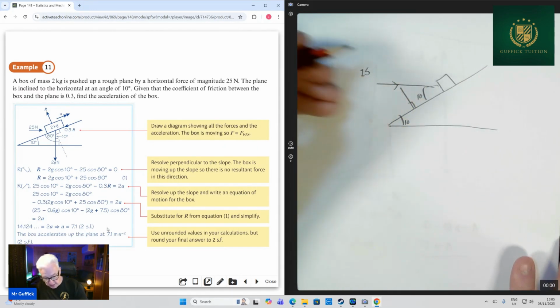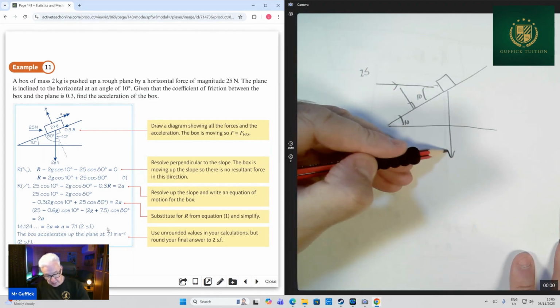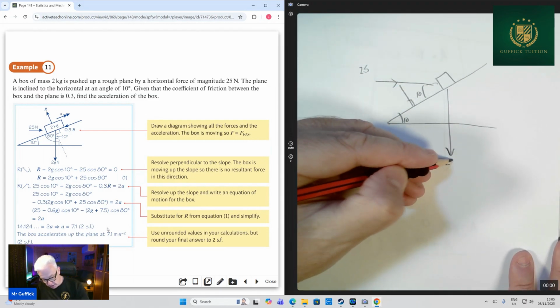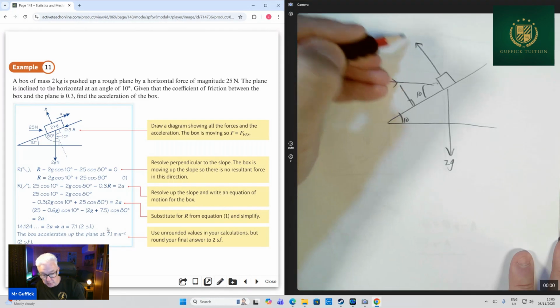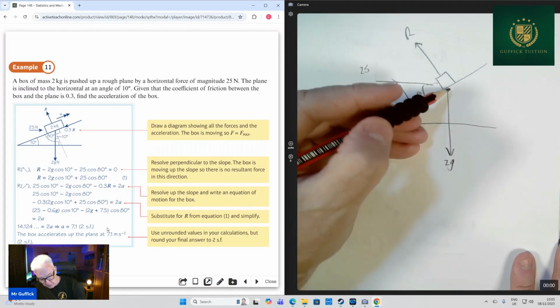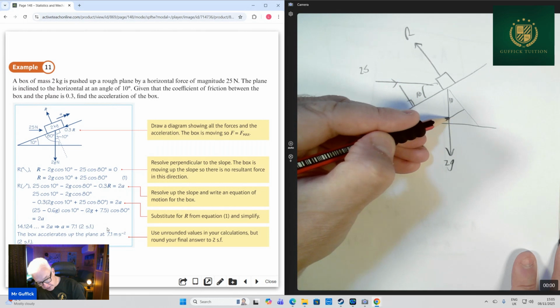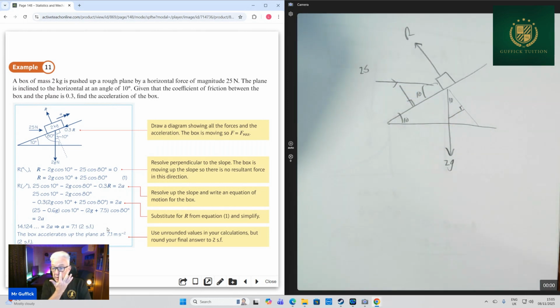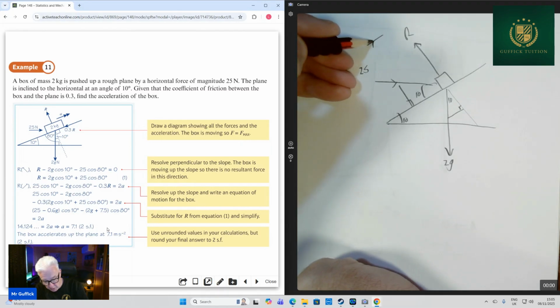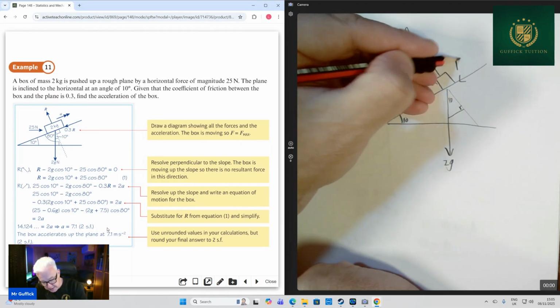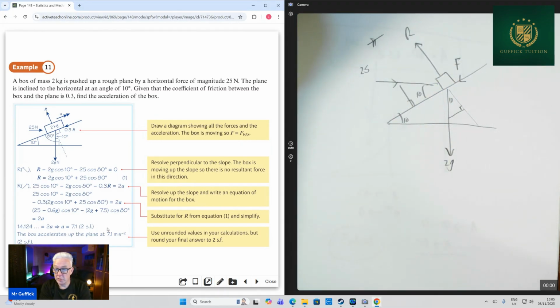We've got our weight coming down here, which is 2g, and our normal reaction up here, which is R. We've got our line coming here, which is 10 degrees as well, and that is our right angle. Because the object's being pushed up the plane, friction is acting in the opposite direction to which the object is moving. So that's our basic sketch.